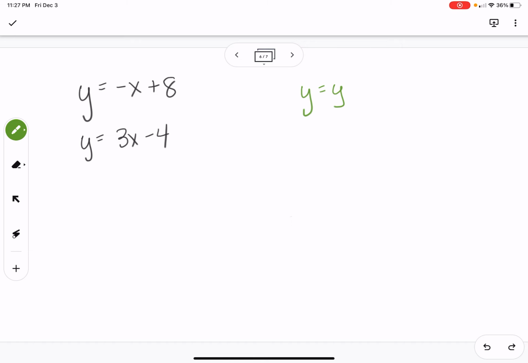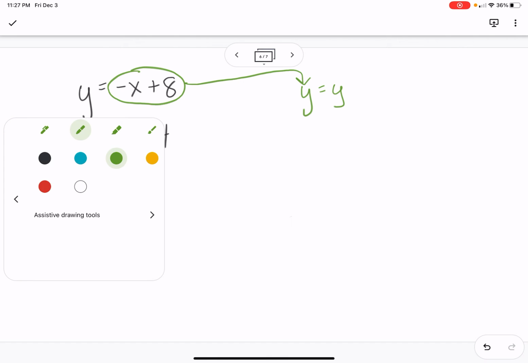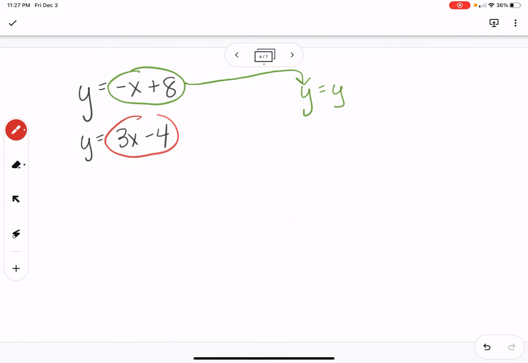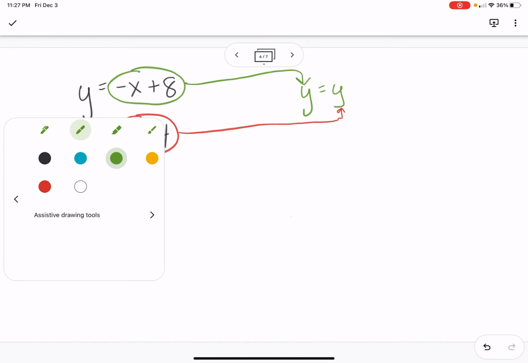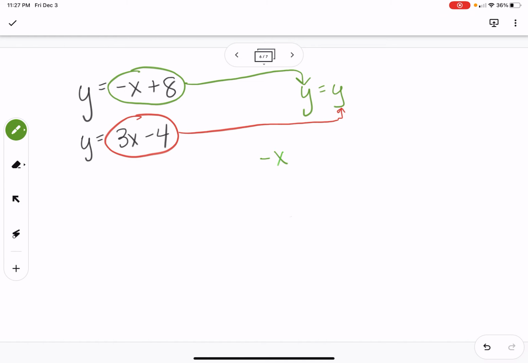So what I'm going to do, since I know y equals y, is take this and plug it in here, and take this and plug it in here. That's going to end up making -x plus 8 equals 3x minus 4.